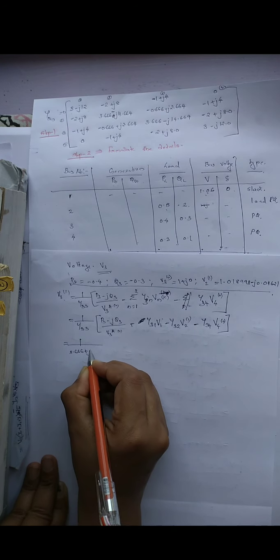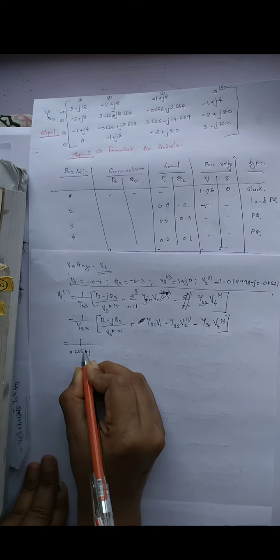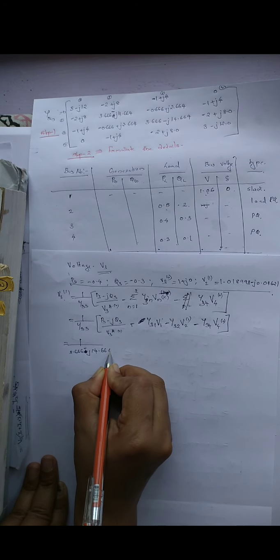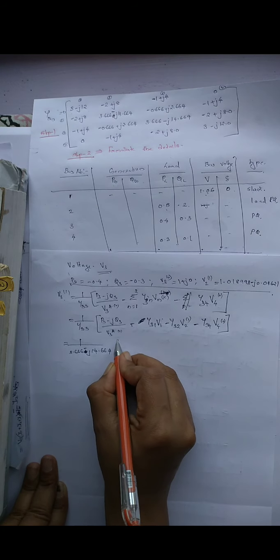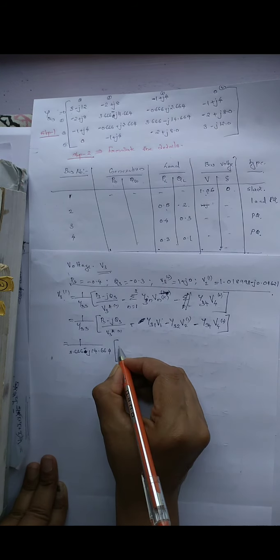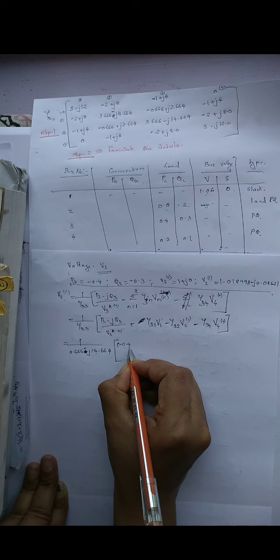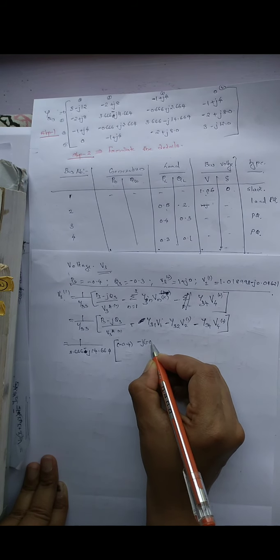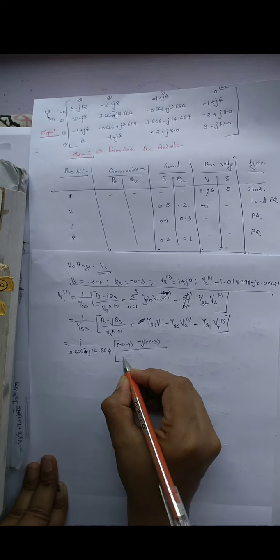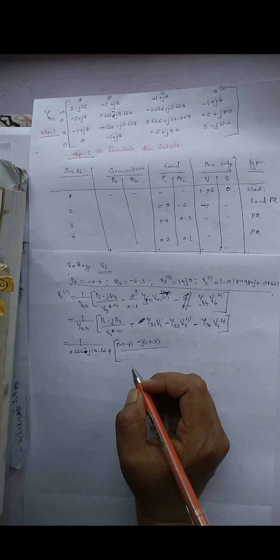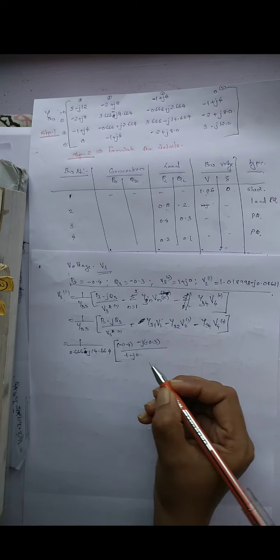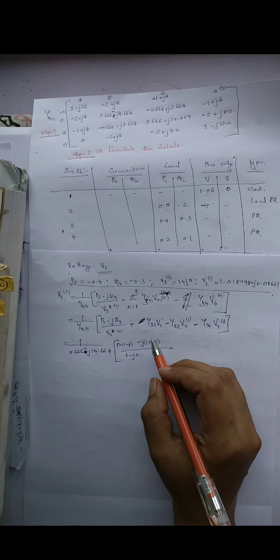1 by Y33 value is 3.666 plus, 3.666 minus j14.664, that was my Y33 value, into P3 is minus 0.4 minus j, Q3 is minus 0.3, by V3 conjugate. V3 first value is 1 plus j0, so this will be 1 minus j0, minus Y31.